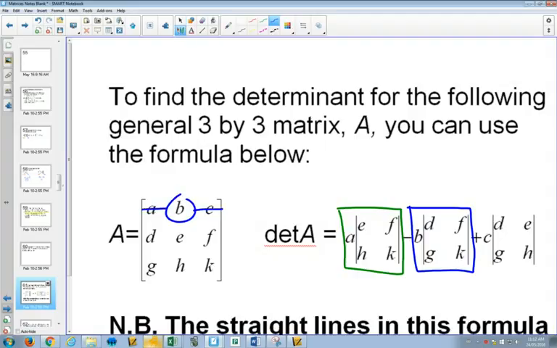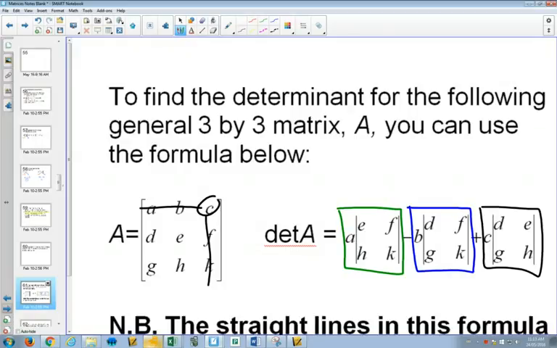If you ignore everything in those ones, it's B times the determinant of D, G, F, and K. And finally, if we color code this one in black, you have C, and then you're multiplying by the determinant of what's left.